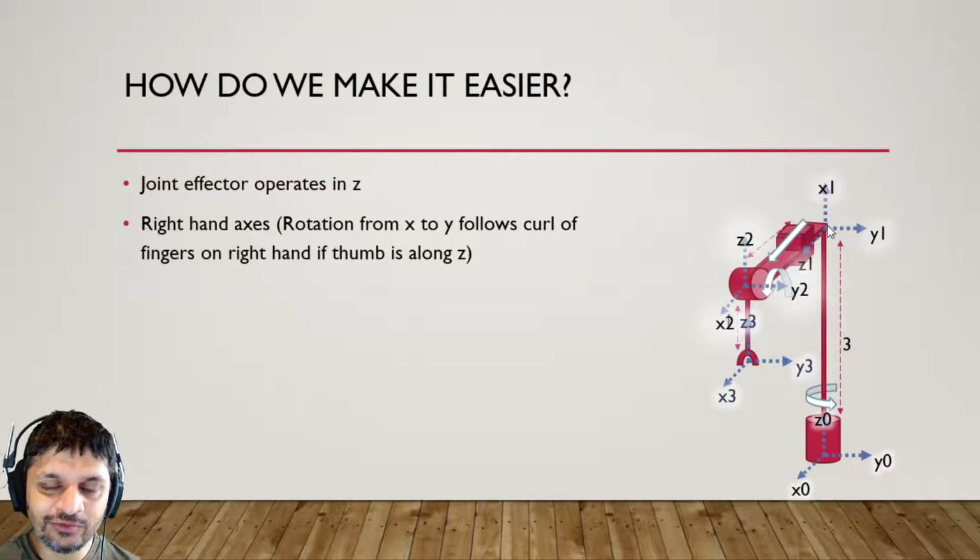The other thing I could do is let this downward axis be X, because then Y could be where it is. It's a 90 degrees positive rotation from X. Remember, positive is the curl of the fingers on your right hand if the thumb is pointing along the Z axis. So I'm going to let the X point downwards so that that's a valid axis.